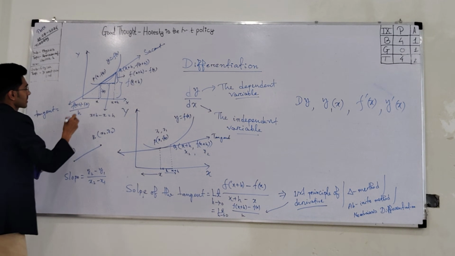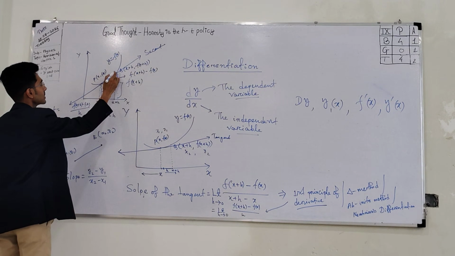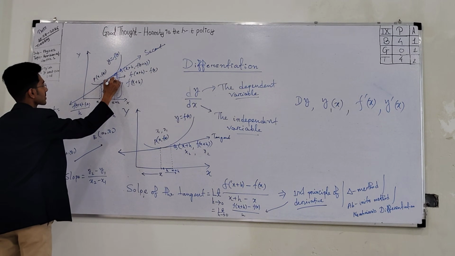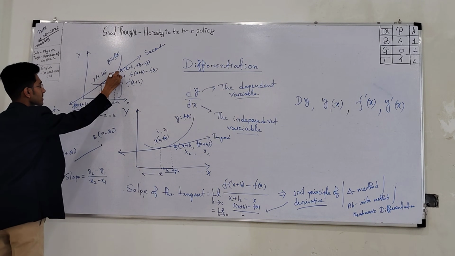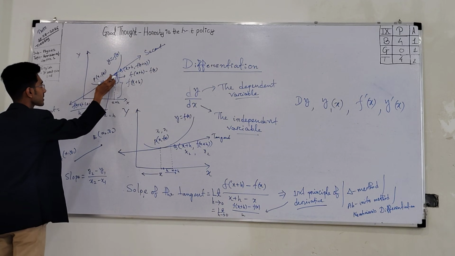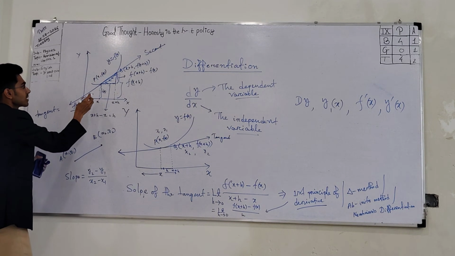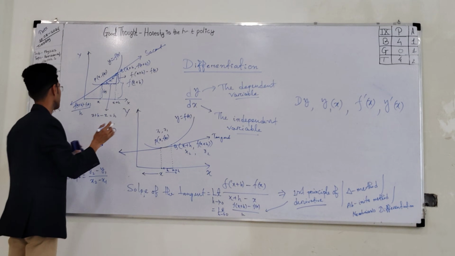If we reduce that length, the 2 points will collide and create a single point. Then we can draw a tangent instead of that secant.